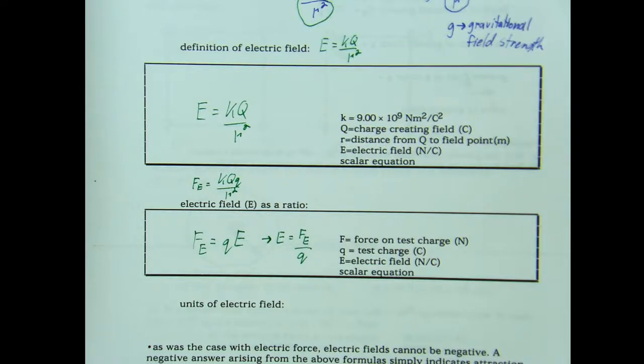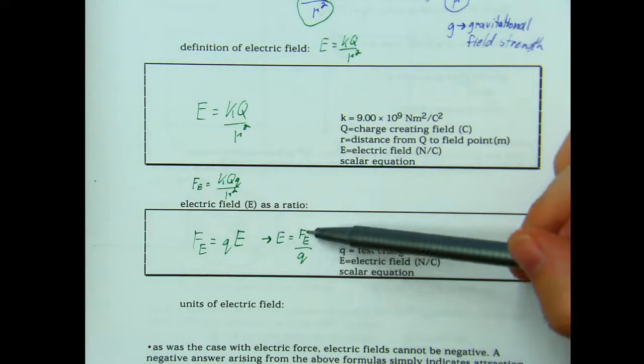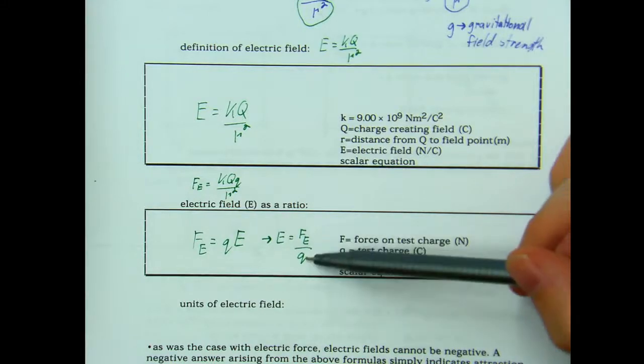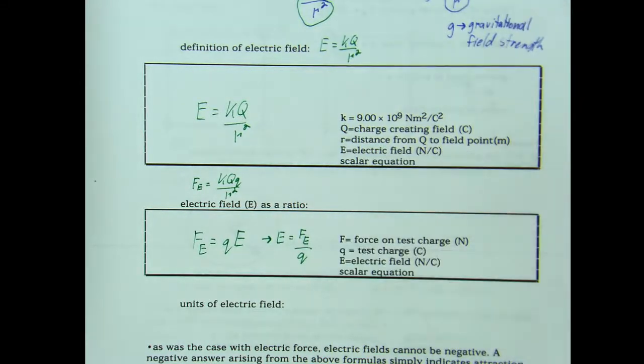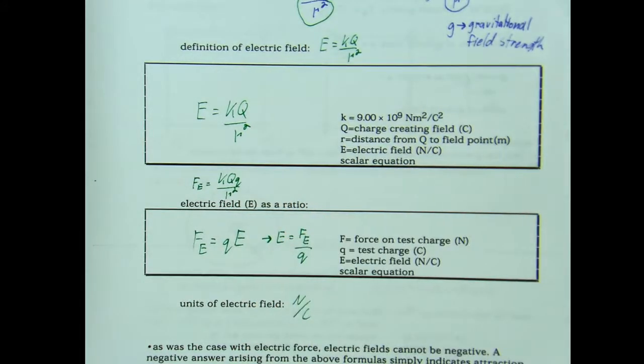Electric force is measured in newtons, charge is measured in coulombs, so the units of electric field are newtons per coulomb. So very similar in a lot of respects to gravity. The only difference here now is that this thing can go either into an object or out of an object depending on its charge.